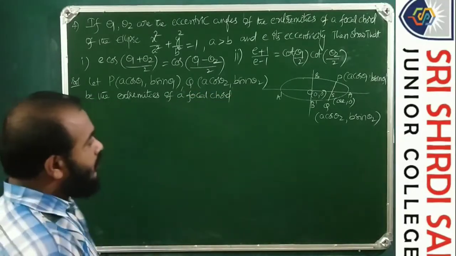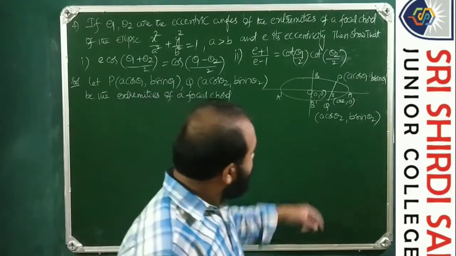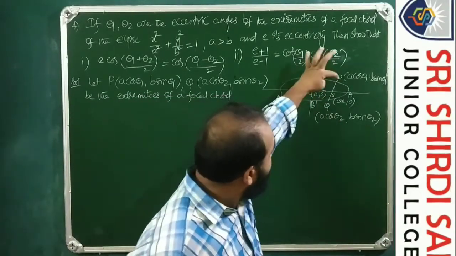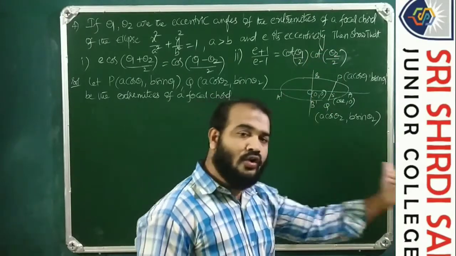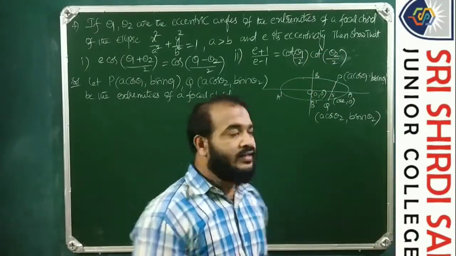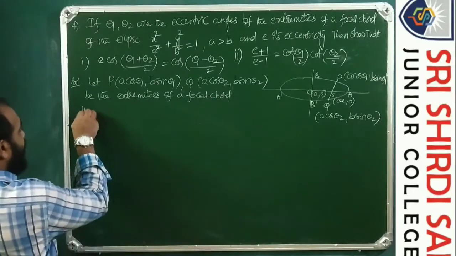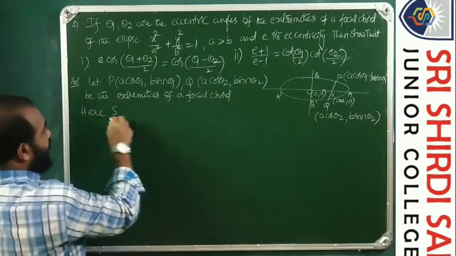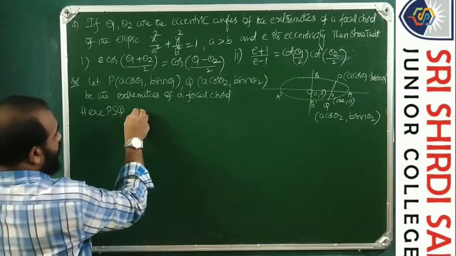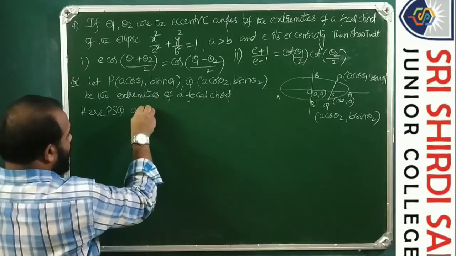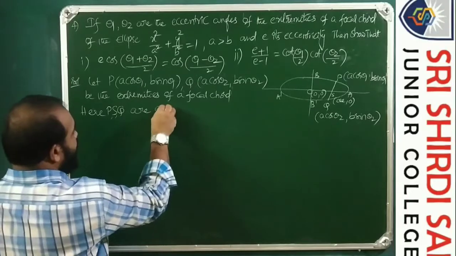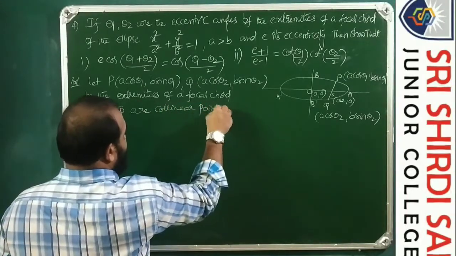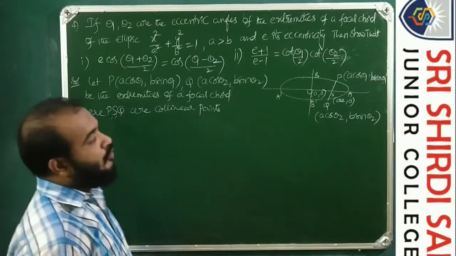So what is the focal chord? The chord which is passing through the focus. Therefore, obviously P, S, Q are collinear points, lying on the same line. So what is the property for 3 points to be collinear?